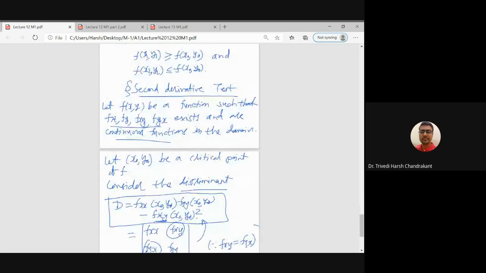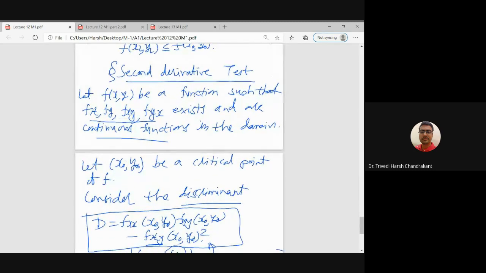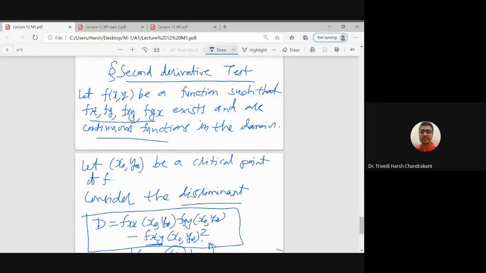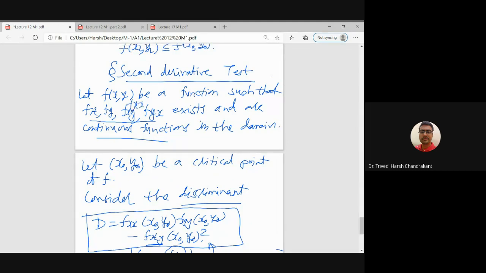After that we discussed the second derivative test. In the second derivative test we have mentioned that f has all the first and second order partial derivatives. I forgot to write here fxx, fxy, fyy.